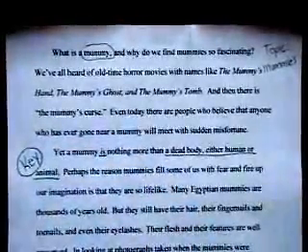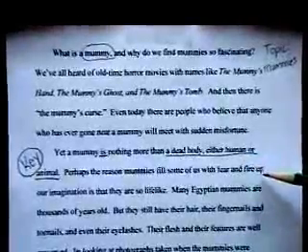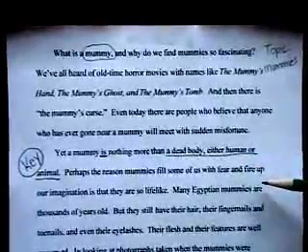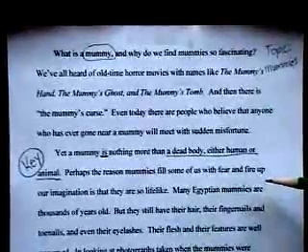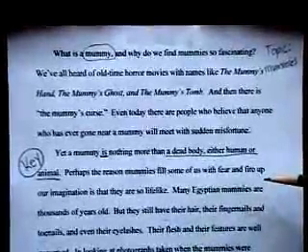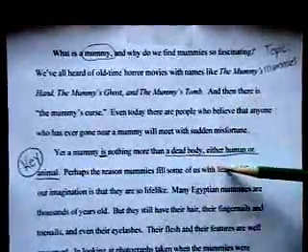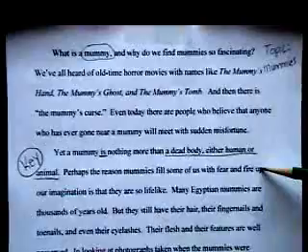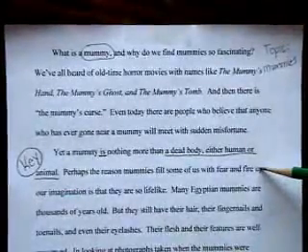Next sentence. Perhaps the reason mummies fill some of us with fear and fire up our imagination is that they are so lifelike. Well, in this sentence, I don't really sense anything that's that key. Talking about filling us with fear and firing up our imagination doesn't really tell me what a mummy is or how it's formed.